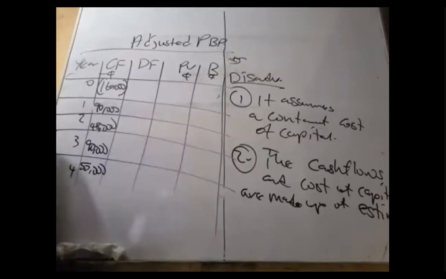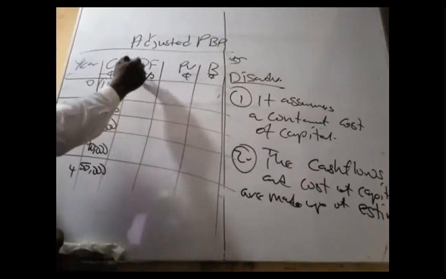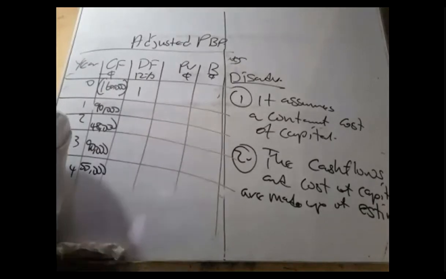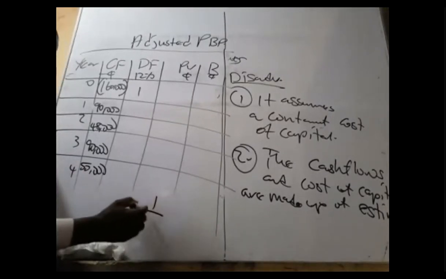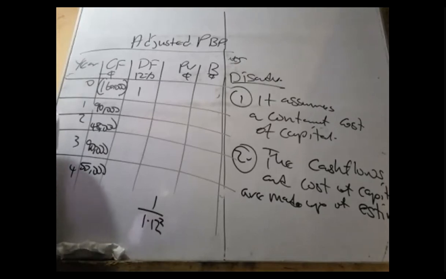Cost of capital is 12%. That's for the discount factor. The discount factor will be provided as follows: 1 divided by 1.12, to the power 1 if you're at year 1, the power 2 if you're at year 2, 3, 4 in that order. Good.